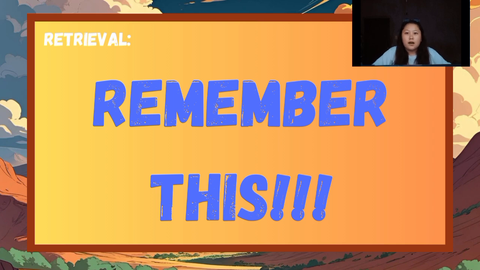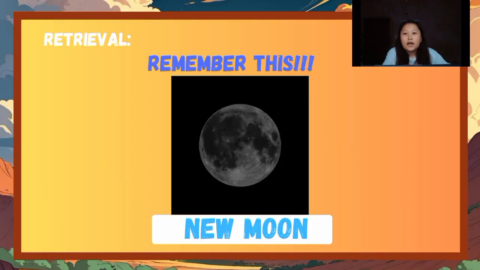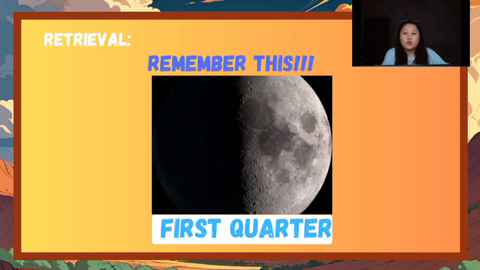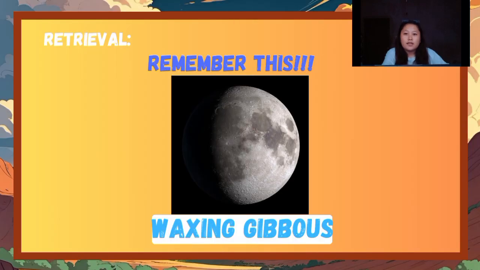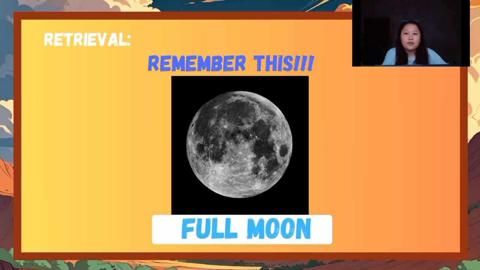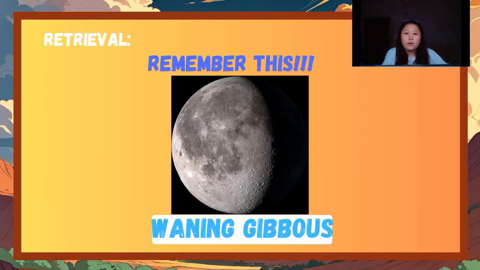So I created the Remember This slide. Next is the new moon and its picture. For the next slide, the waxing crescent and its picture. The first quarter, the waxing gibbous, the full moon, the waning gibbous, the third quarter, the waning crescent.